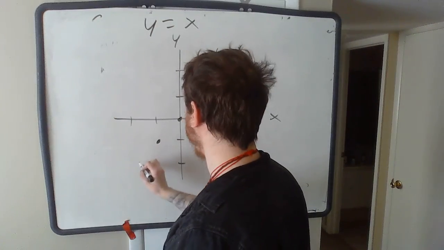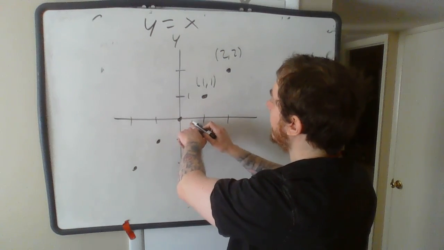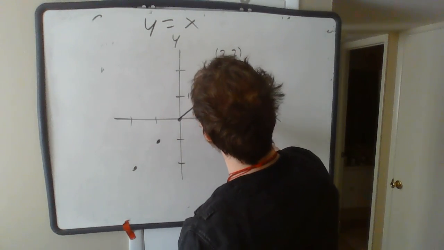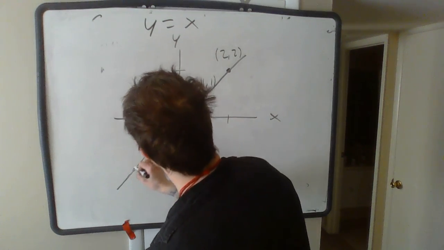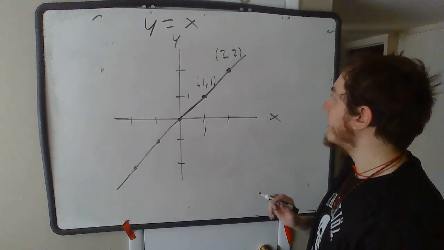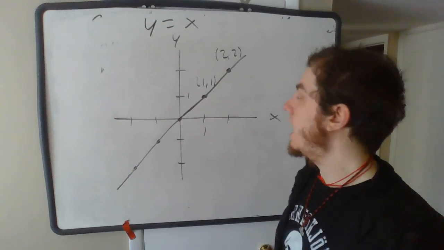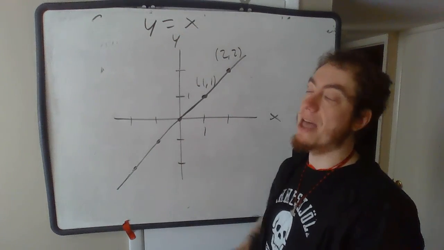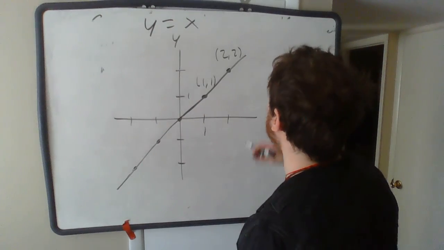And you can go on and work this out. And in fact, what you see is that for any given value of x, the y value should be equal, which means we are always going to end up on this diagonal line. So all of the points on this diagonal line are solutions to this equation, and the other points are points whose coordinates are not solutions to this equation.